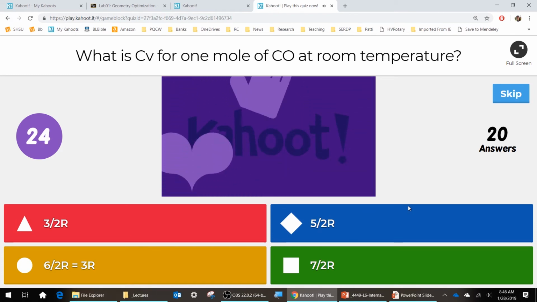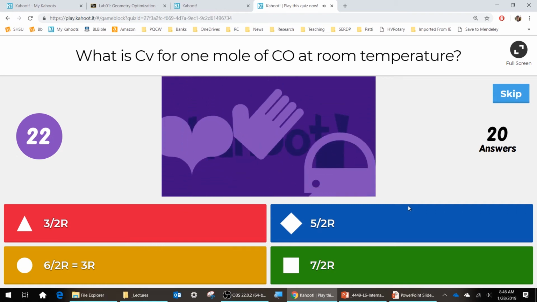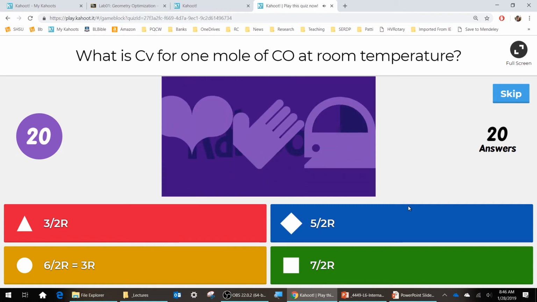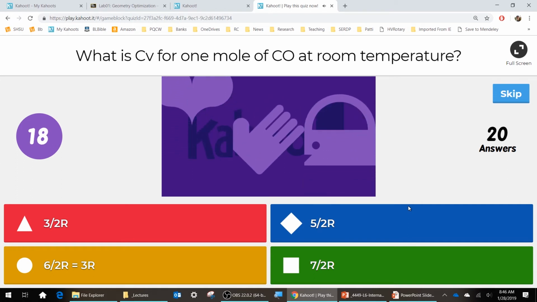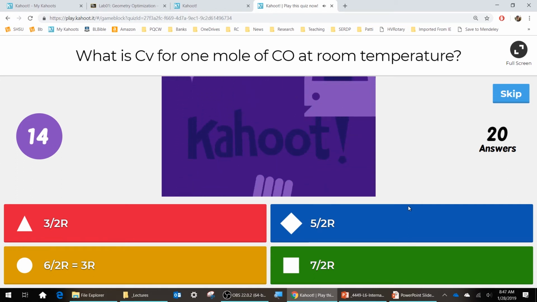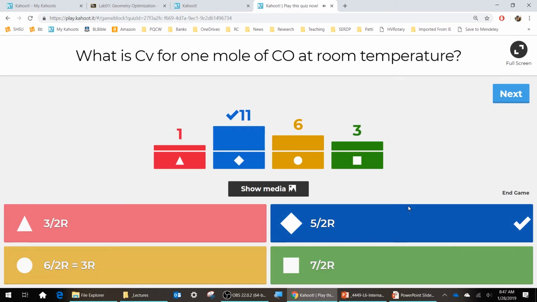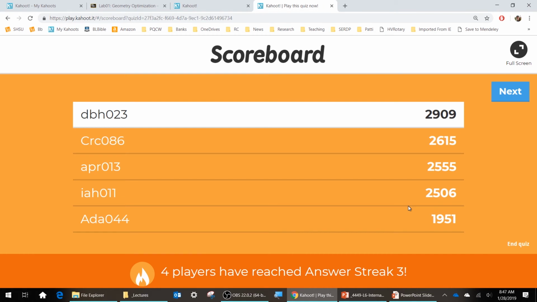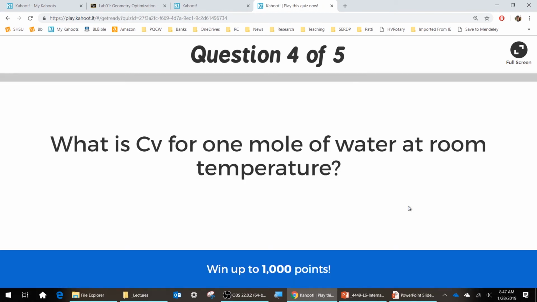I hate it when you know the answer and you just punch the wrong color for whatever reason. Okay, majority got it right. 5 halves R. Okay, very good. It's a linear molecule because it's diatomic. It has to be linear.